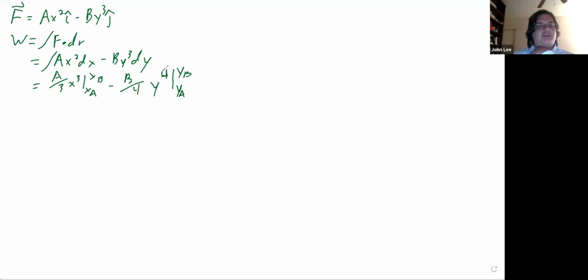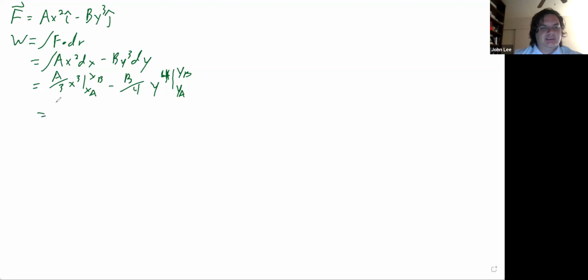And of course, there are more complicated examples that I could give, especially ones that have mixed values. So you see that y is only in the y component and x is only in the x component. If you mix those up, then that would make the equation more complicated than it would otherwise be.